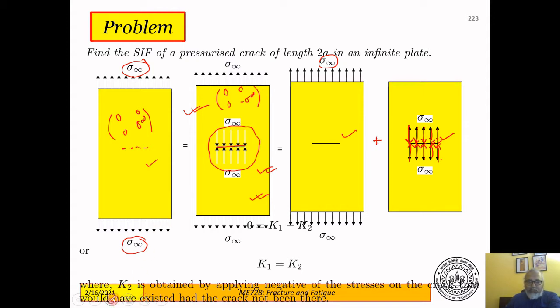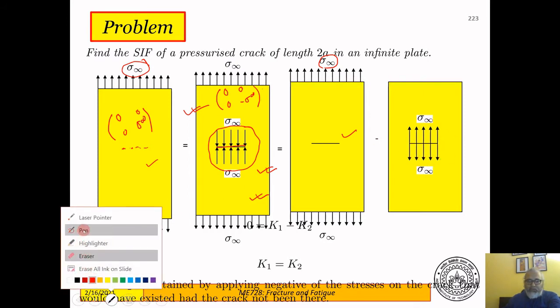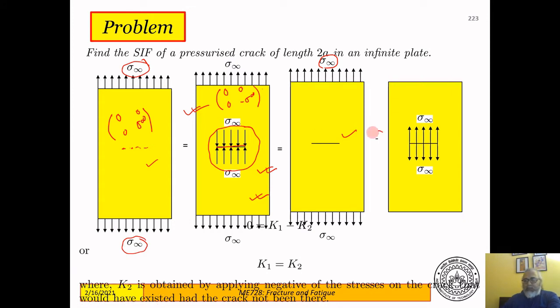But I could have done this. Instead, what I did was use tensile loads and used a minus here, which means that this problem and this problem is equivalent to this problem minus this problem.